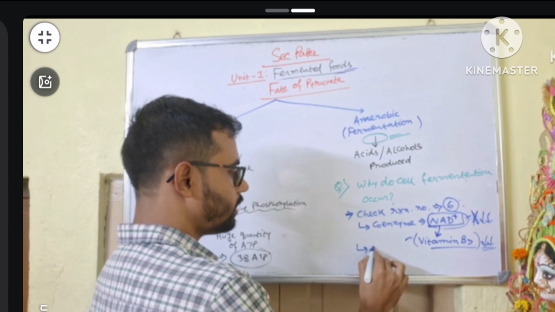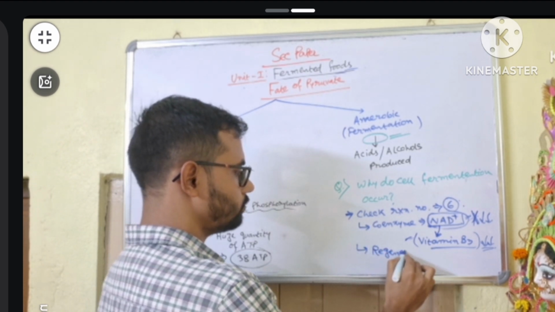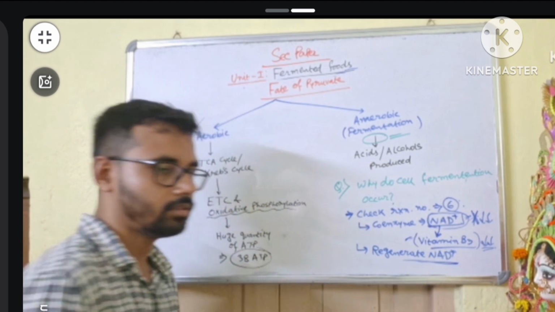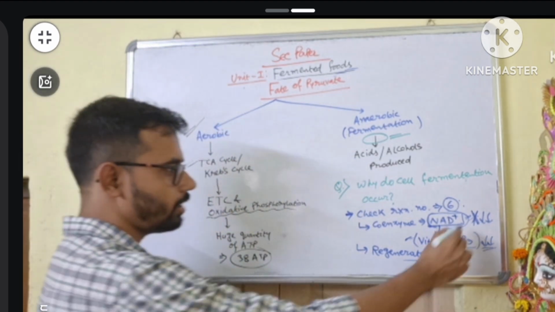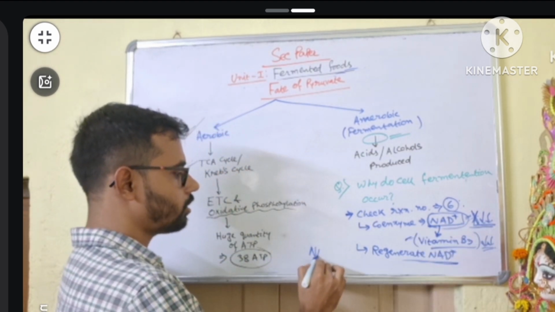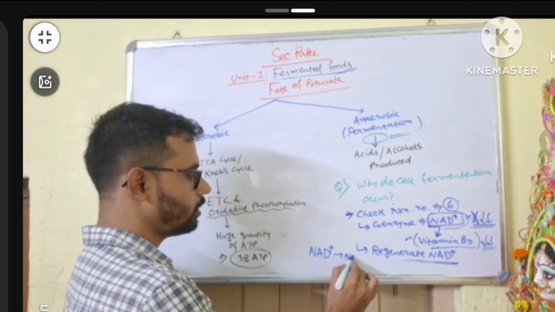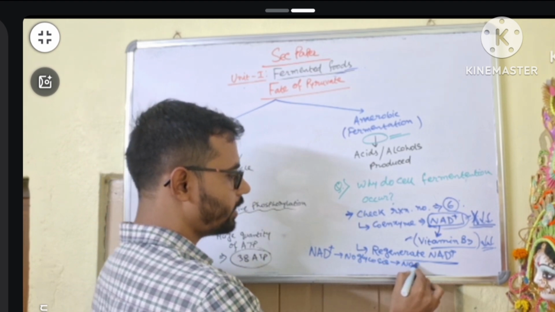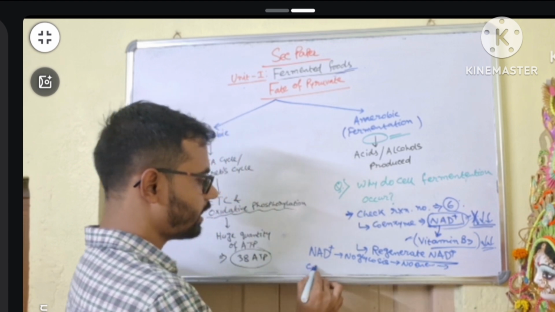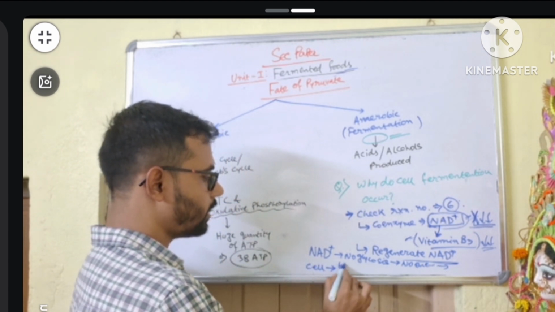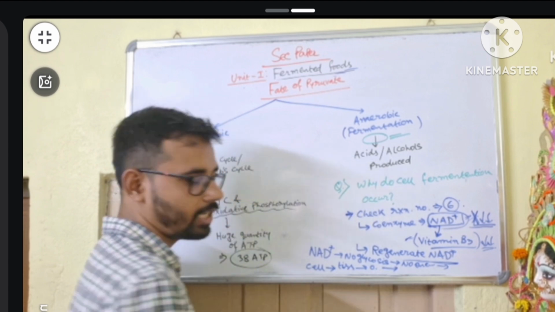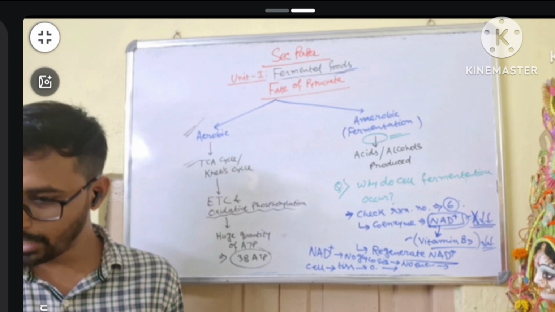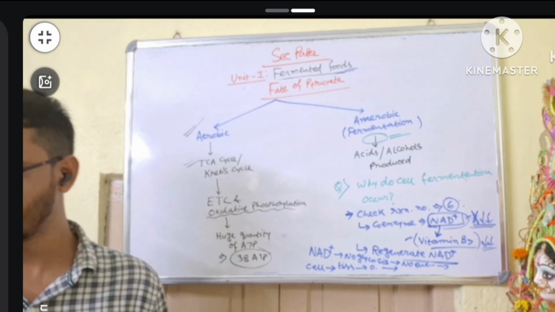So you have to regenerate NAD plus, otherwise NAD plus will be in shortfall, which means no glycolysis. No glycolysis means no energy production, which means cells die, then tissues die, then organs, and ultimately the organism collapses if glycolysis is stopped, because it is the major reaction pathway.